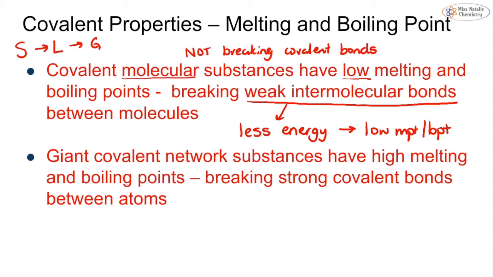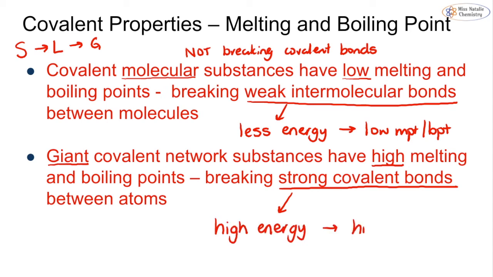And the opposite to this, when we have a giant covalent substance, these have very high melting and boiling points. The reason for this is that this time, it's not the intermolecular bonds, we are actually breaking the strong covalent bonds. So these need a high amount of energy, giving you your high melting and boiling points.